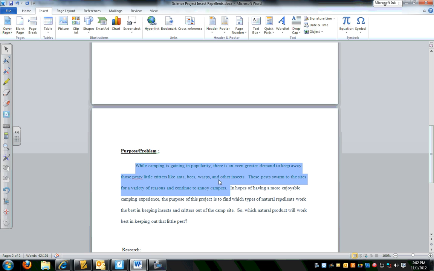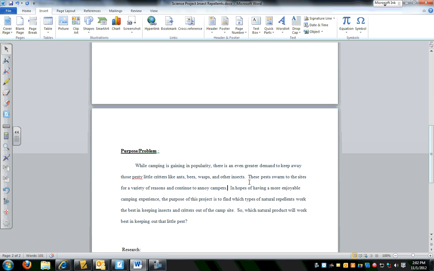For my attention getter, I've written down a kind of combination of an interesting statement and how it is needed or necessary for my project. While camping is gaining in popularity, there is an even greater demand to keep away those pesky little critters like ants, bees, wasps, and other insects.